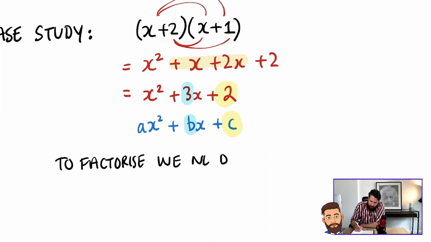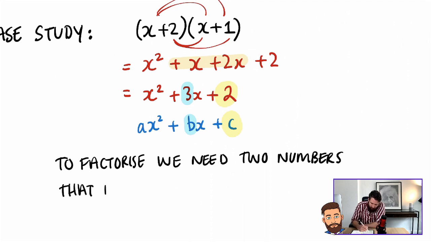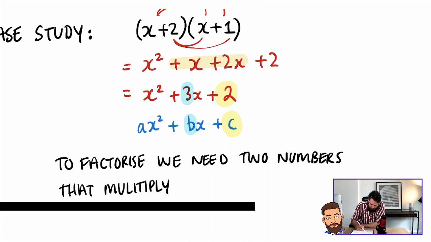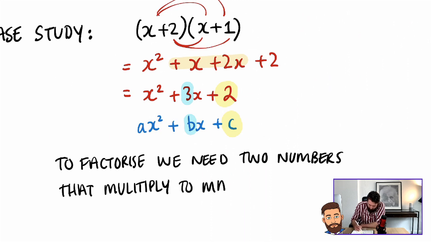We need two numbers that multiply to make, well, 2 times 1 is 2, so in the general form, multiply to make c.